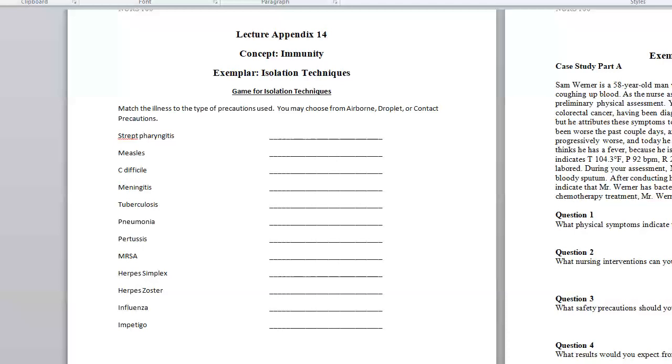In addition to being sure that all the necessary precautions are taking place in that particular type of isolation, we must also use strict aseptic technique when performing any invasive procedure, such as inserting an IV needle or catheter, or when we might be doing dressing changes.